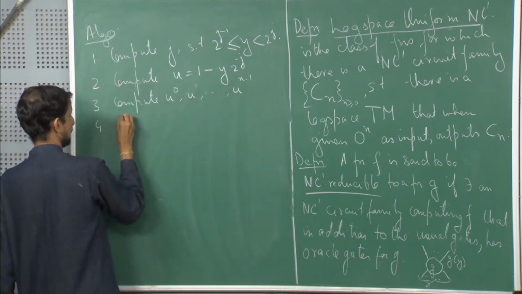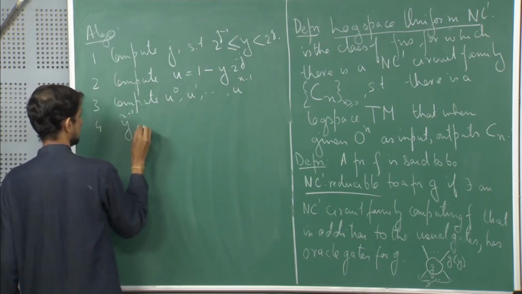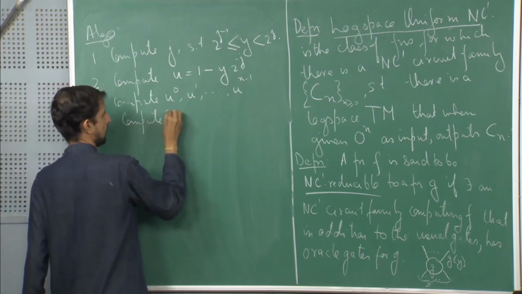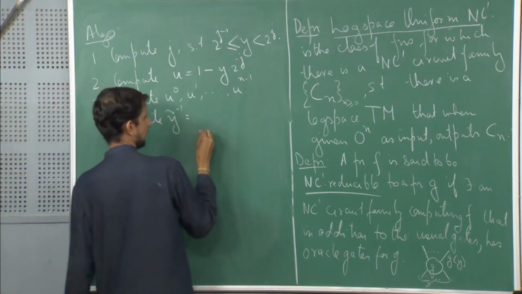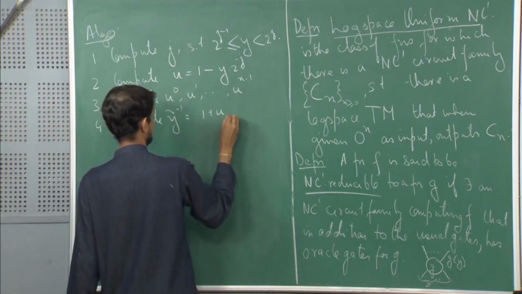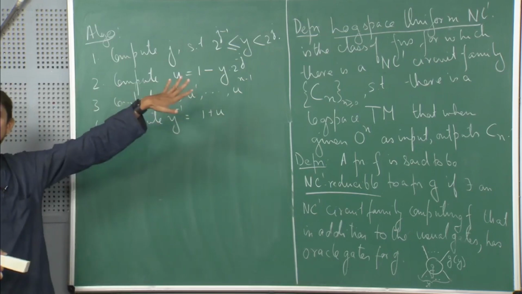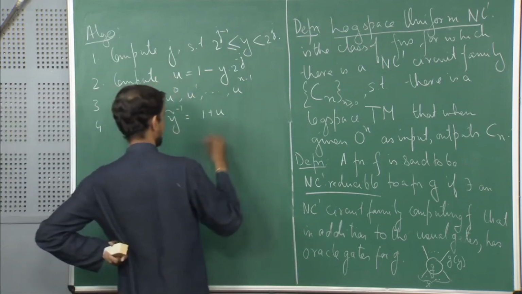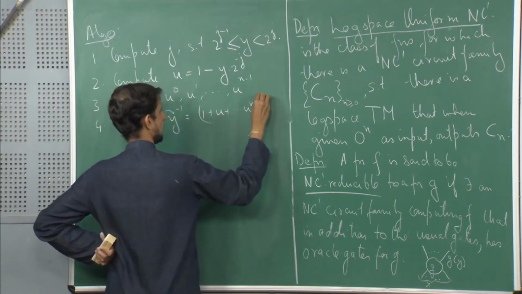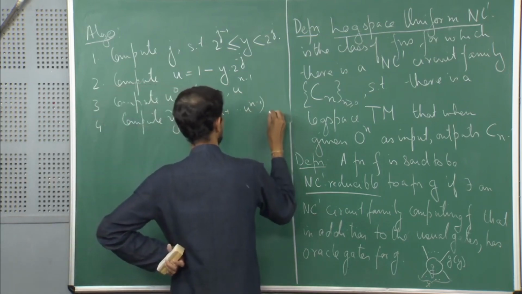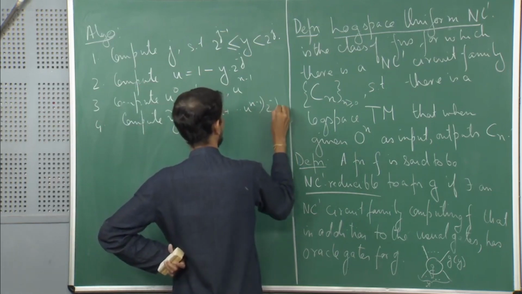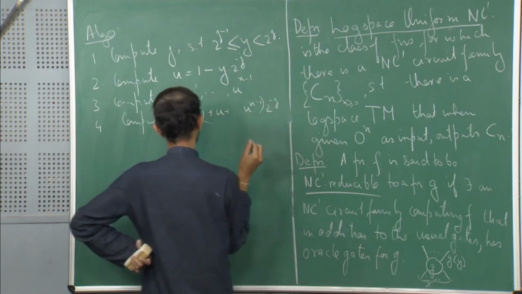Next we compute y tilde inverse, which is basically this summation: 1 plus u plus up to u to the power n minus 1, into 2 to the power minus j.